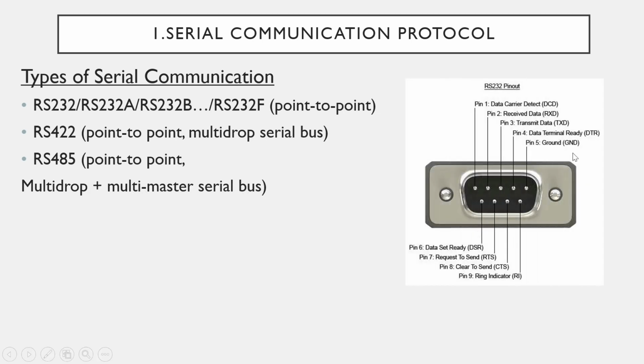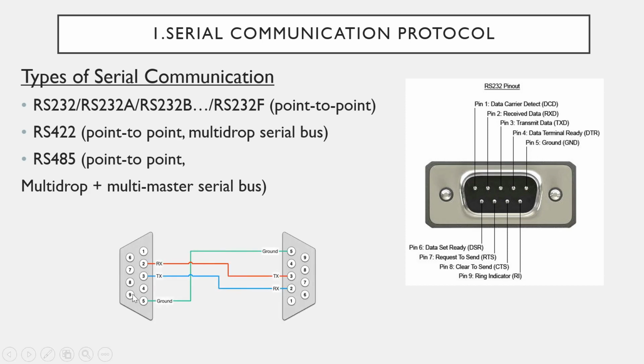Here you can see the 9 pin RS-232 pin diagram, but mostly pins 2 and 3 are used with pin 5. Pin 5 is the signal ground, but if flow control is there, then pins 7 and 8, request to send and clear to send, those 2 pins are also used.